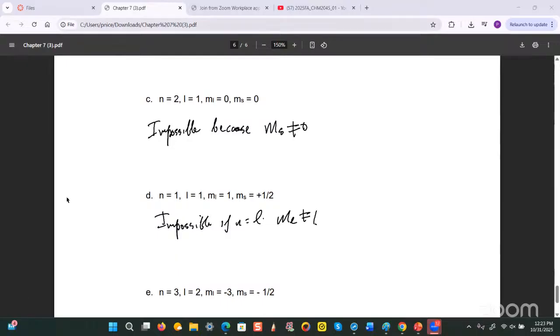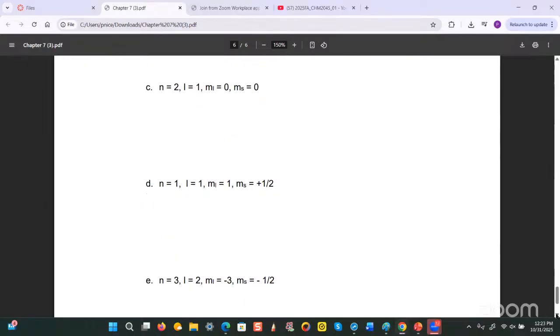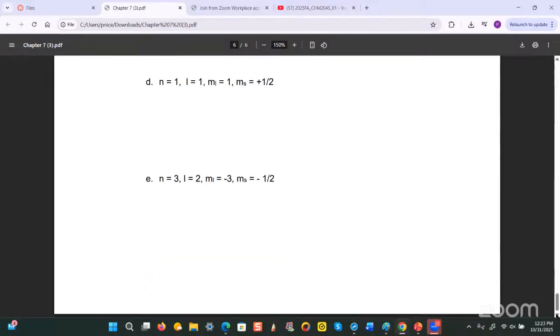Okay, and then scrolling down. You know what, let me clear this first. And okay, I think this is the last one, right? Okay, is that possible or impossible? N equals 3, L equals 2, ML equal -3, and MS is equal to -½. Impossible. Okay, so why do you say it's impossible?